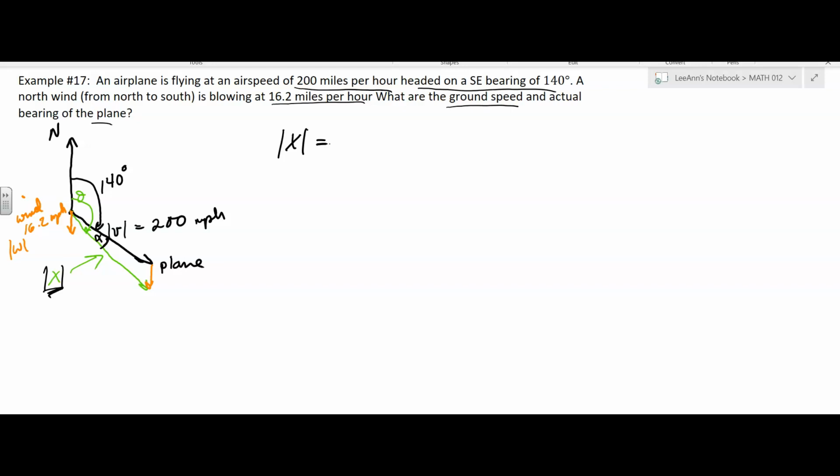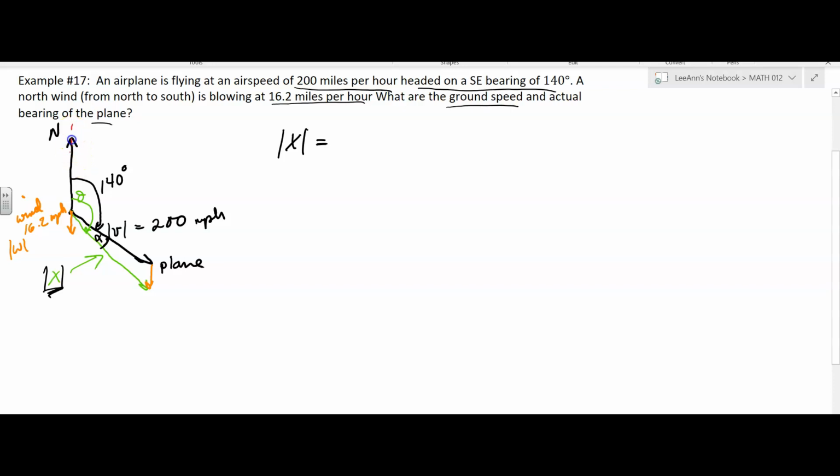If I draw, let's see, this is a little hard to visualize, so I'm going to try to put it in a different color here.